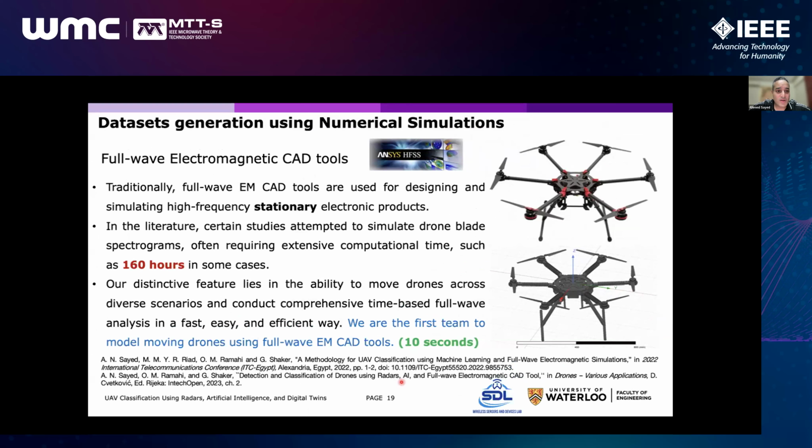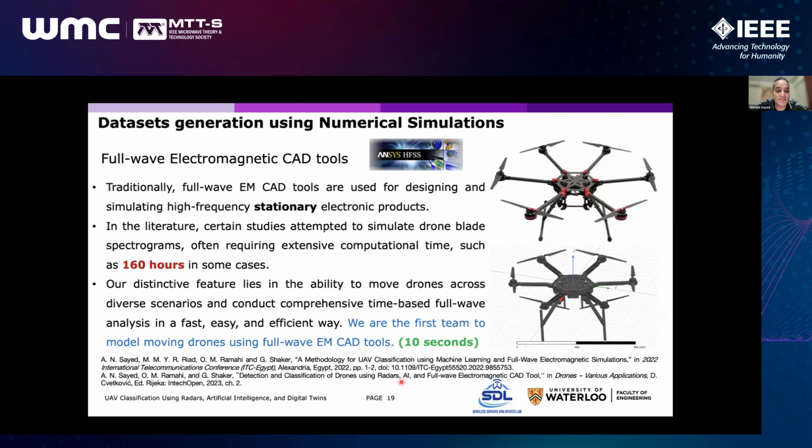In the literature, some studies attempt to simulate drone blade spectrograms, and for very simple simulations, one of these attempts took around 160 hours just to generate a dataset. What differentiates our method from what has been done before is our ability to move drones in these tools and conduct comprehensive time-based full-wave analysis in a fast, easy, and efficient way, which is very unique.